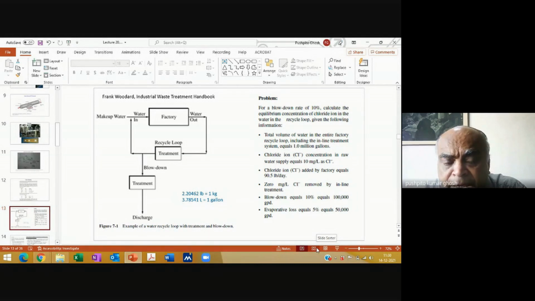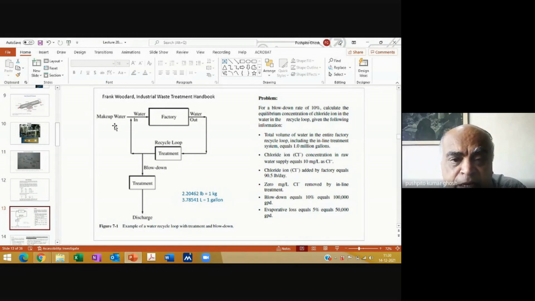But it could be that through some adjustments of your wastewater, you might be able to recycle a part of it, if not the whole of it. So, for example, this gives you a problem.